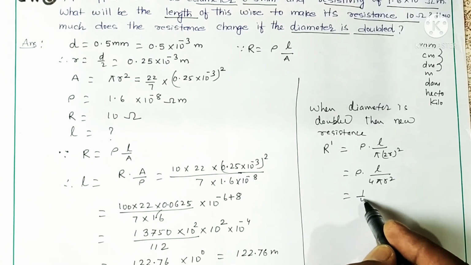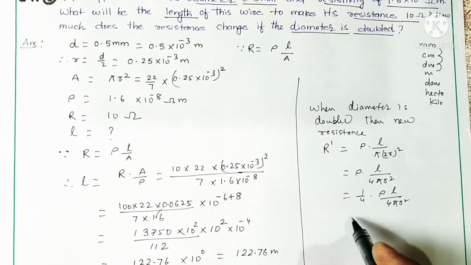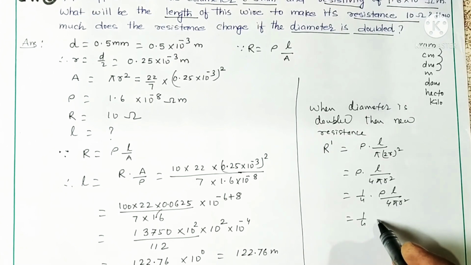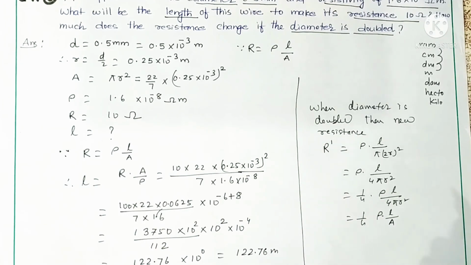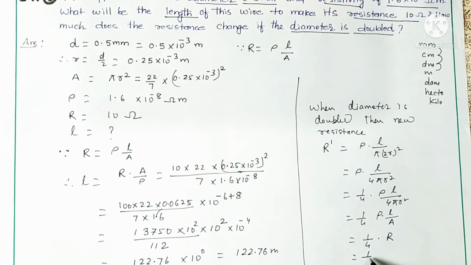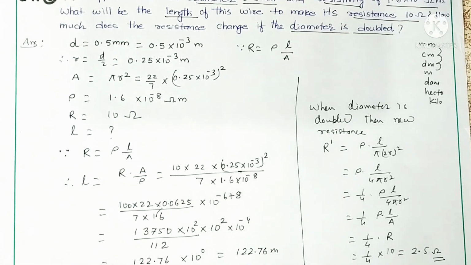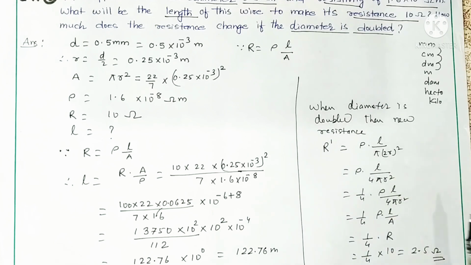Now see, 1 by 4 of rho L by pi r square, this will give the original resistance R. So 1 by 4 into 10 will be 2.5 ohm. This is our answer. Like that we have to solve. Otherwise you have to put the values and then calculate, but there is no need of doing that, simply you have to solve like this. Okay children.